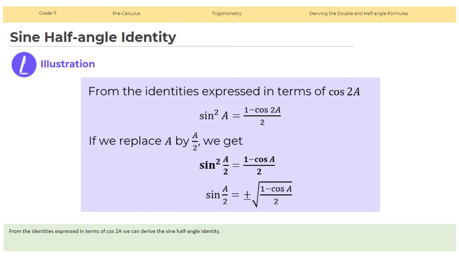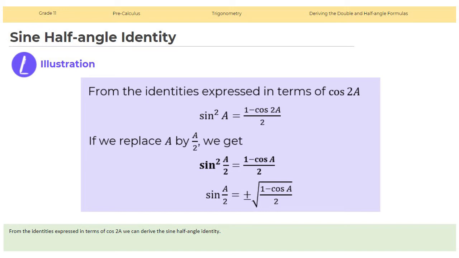Sine half angle identity. From the identities in terms of cosine 2a, we can derive the sine half angle identity. So from the identities expressed in terms of cosine 2a, we can have sine square a equals 1 minus cosine 2a over 2. If we replace a by a over 2, we get sine square a over 2 equals 1 minus cosine a over 2.